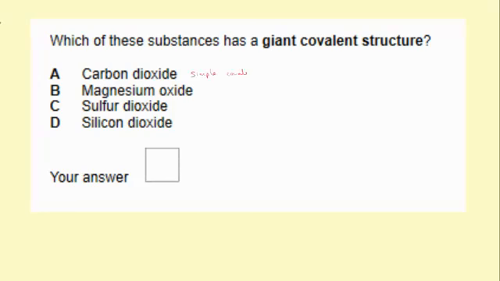Magnesium oxide: magnesium is a metal and oxygen is a non-metal, so that's going to be an ionic compound. Sulfur dioxide is simple covalent. And then silicon dioxide is what we had on our starter. That's a giant covalent. So D is our answer.